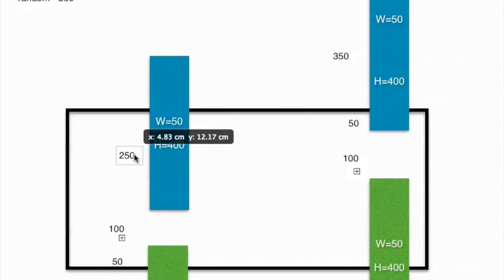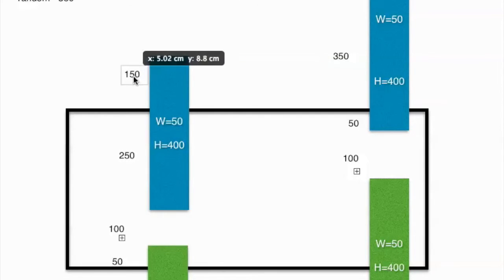So I know that this part of this blue block here is 250, which means that of the 400 pixels, we've got on top here 150 pixels left over. So what we know is that actually the furthest towards this line we'd like it to be is actually minus 150.